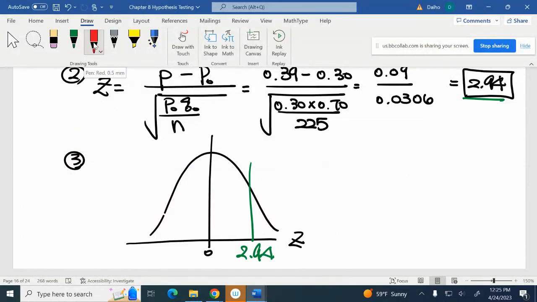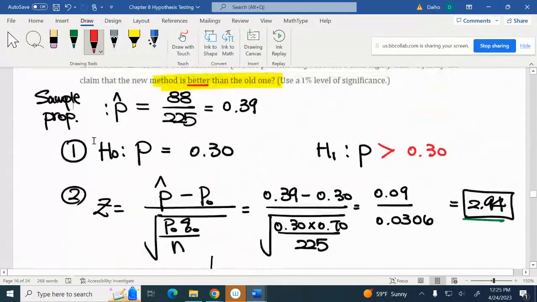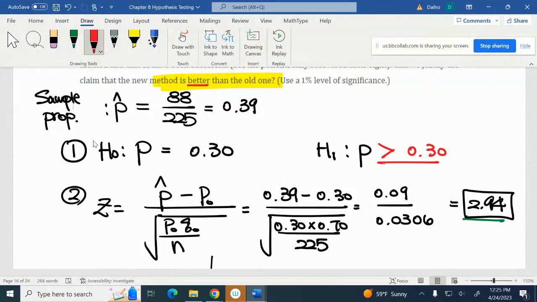Can you give me the probability from the z-table at 2.94? 0.9984. Where is it? Always to the left. Just a second. We stated greater than 30%. Was it left tail or right tail? It was right tail.